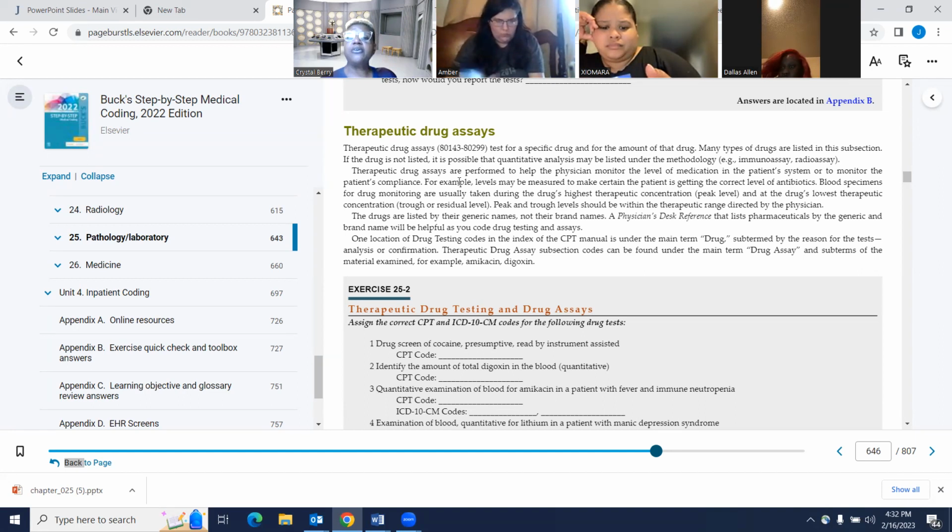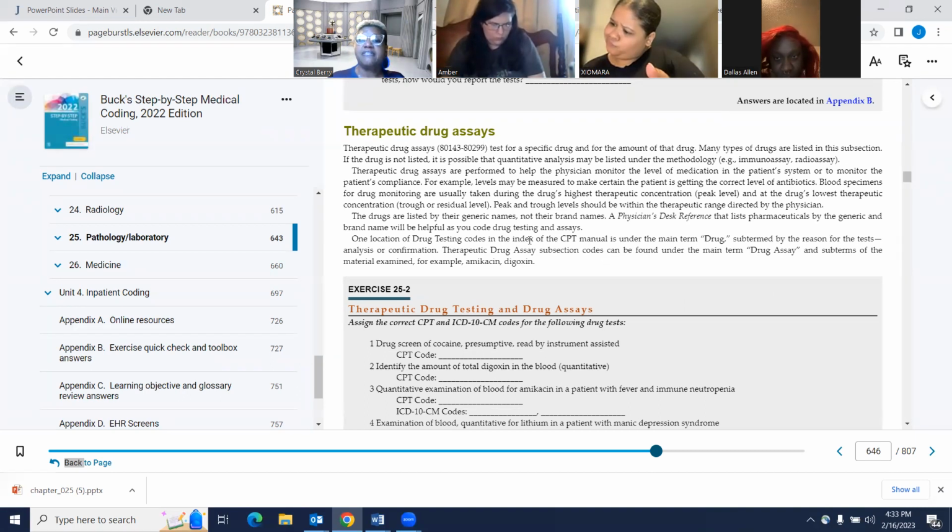So let me give y'all a little hint. Remember, this is drug testing and drug assays. So what did it say? It says one location drug testing codes in the index of the CPT manual is under the main term drug, subterm by the reason for test, analysis, or confirmation. Therapeutic drug assays subsection, that's what we're under, right?